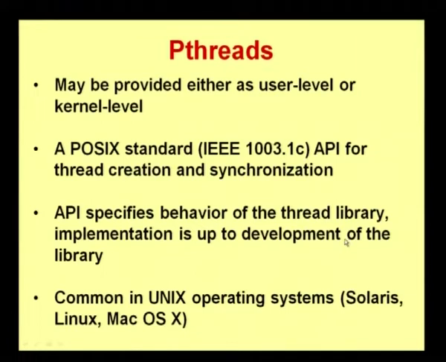These pthreads are used in operating systems such as Unix, and are also used in certain Solaris operating systems. They are also used in Mac OS and the Linux operating systems. Now the next thread is the Java thread. I suppose you would have used a thread when you are executing your Java language.